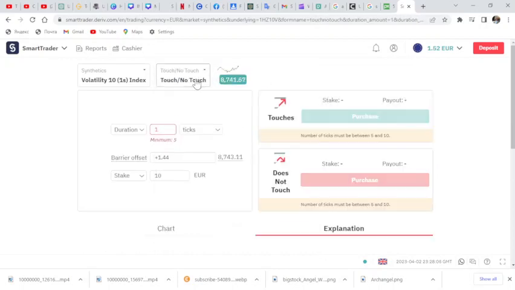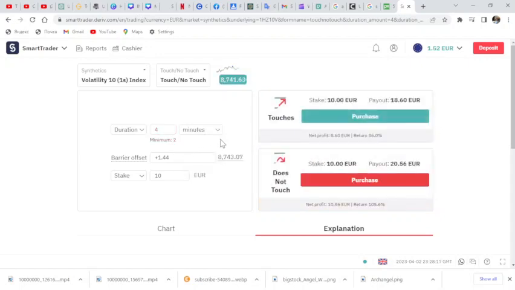Here you're going to put duration, you're going to put 4 minutes, and here you're putting minutes, not ticks, you're putting minutes. Before we change anything here, we're going to be using plus 4 5.